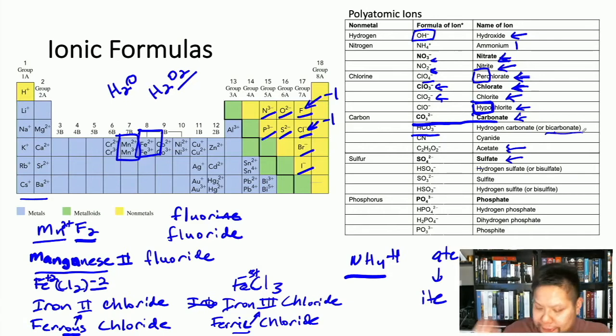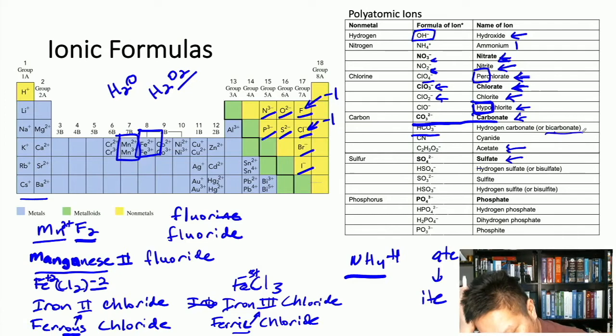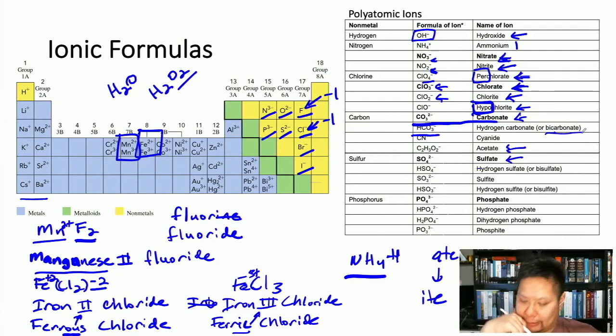So two things happen when you add a hydrogen to a polyatomic ion. It adds bi- to the front of the name, so instead of carbonate, it becomes bicarbonate. But also, since it gained a hydrogen, which usually has a plus charge, the 2 minus on the carbonate became a 1 minus on the bicarbonate.